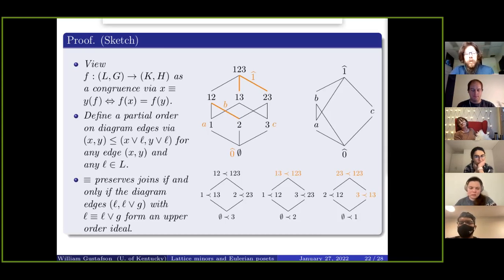As we make these intermediate congruences by identifying two elements at a time, these will preserve joins and thus define a lattice precisely when the set of edges where we've identified the two elements form an upper order ideal in this poset. So we just have to go top down in that poset, identifying edges. Here in this example, we have to identify 2, 3, and 1, 2, 3 before we can identify 3 and 1, 3.